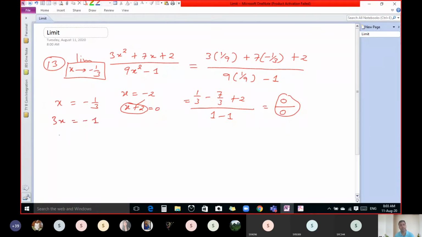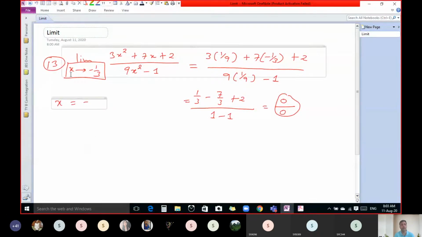Now take minus 1 to the other side, so we get 3x plus 1 equal to 0. So we can say that 3x plus 1 is the factor. So in this way you can find out the factor.